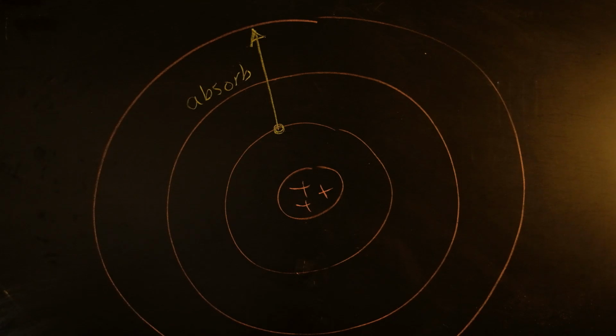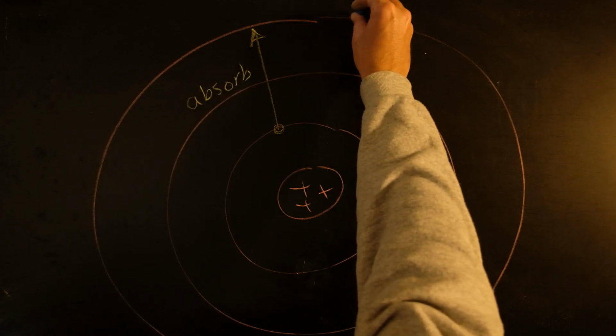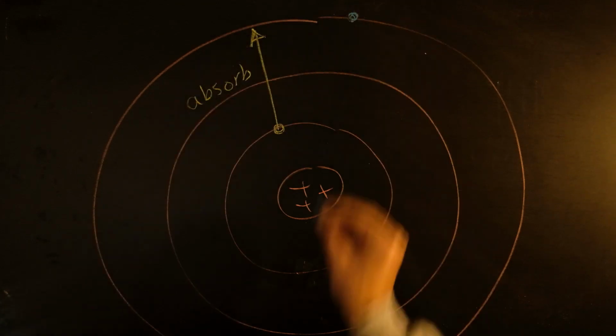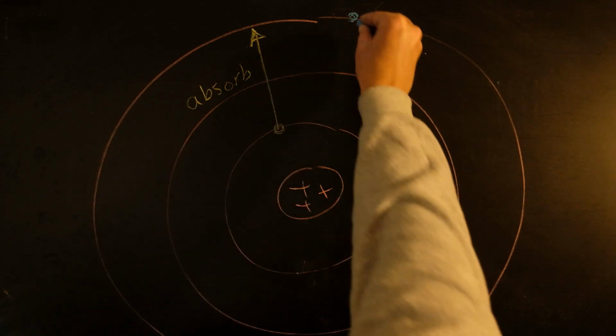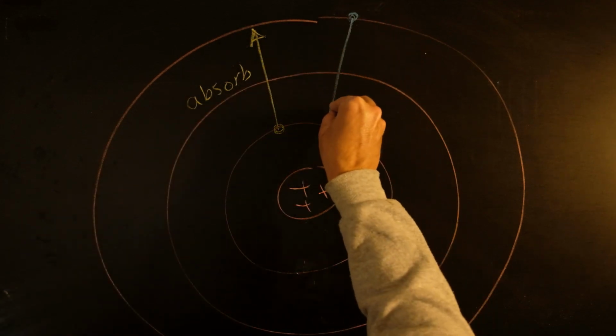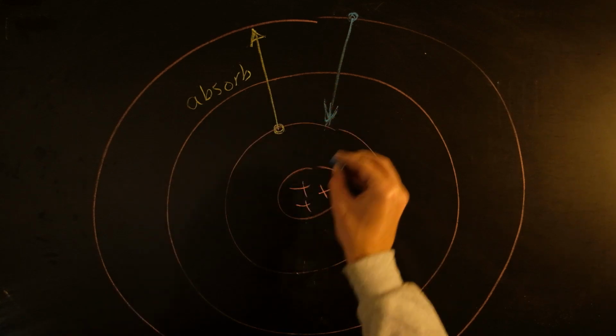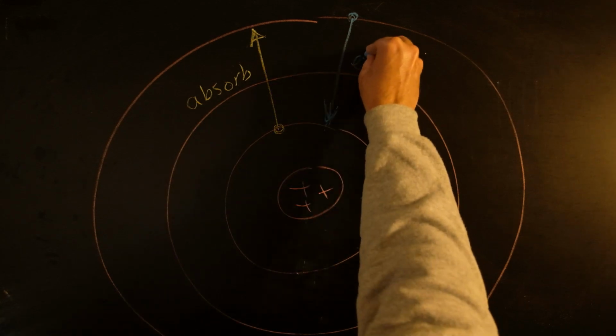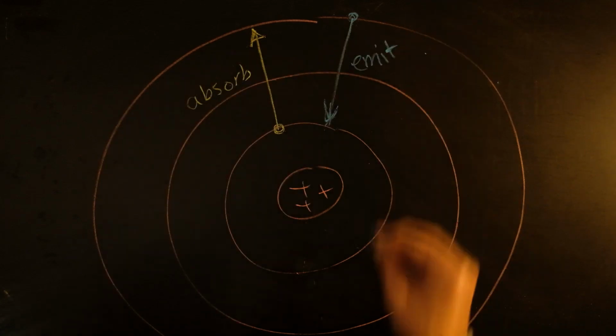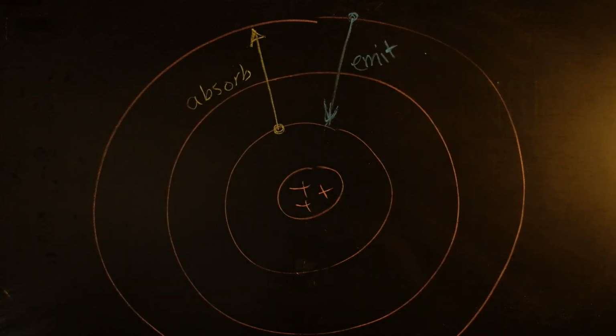They have to absorb. This is absorption, right? And in the other case, electrons jump from higher energy to lower energy. So they have to emit this energy.